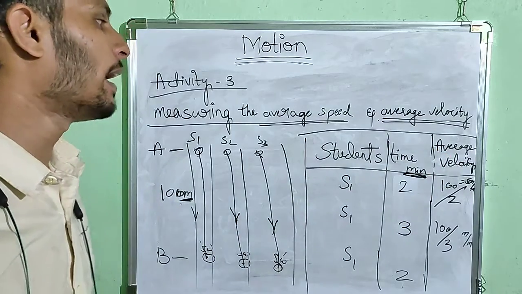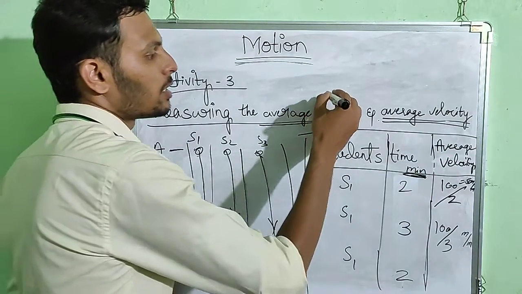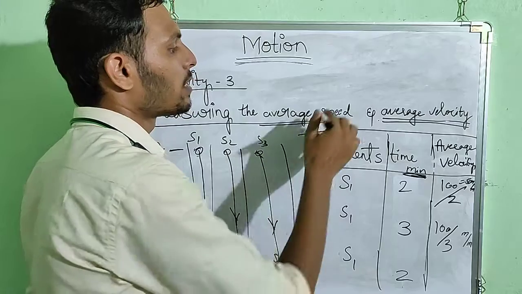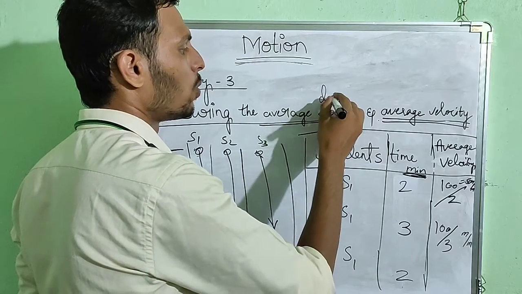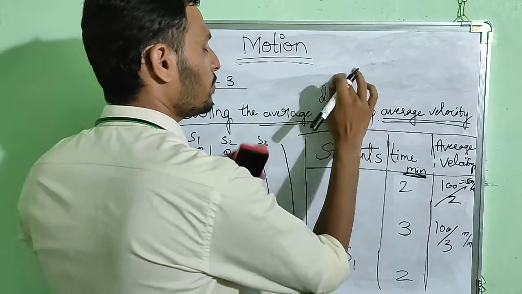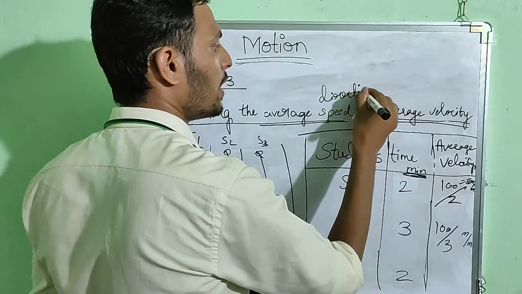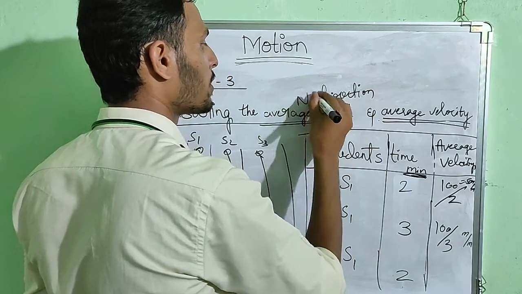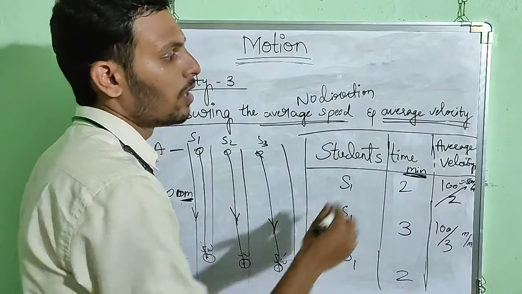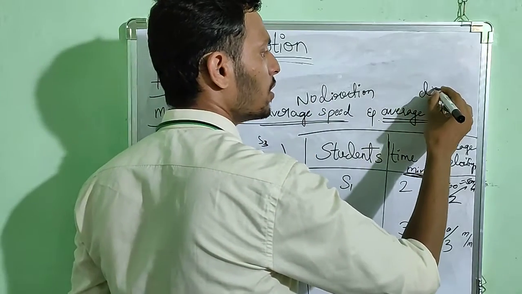I'll repeat it again. Speed is a scalar quantity. It does not have any direction. Velocity has direction.